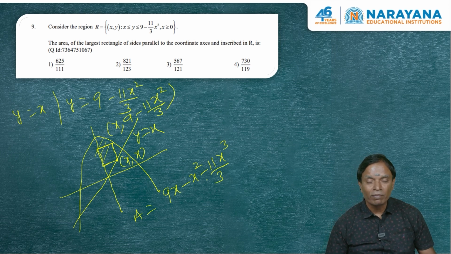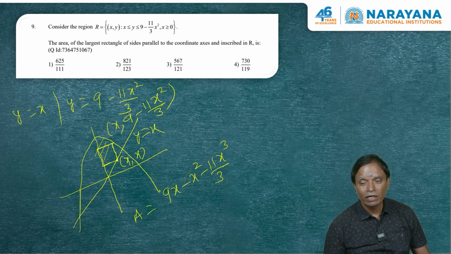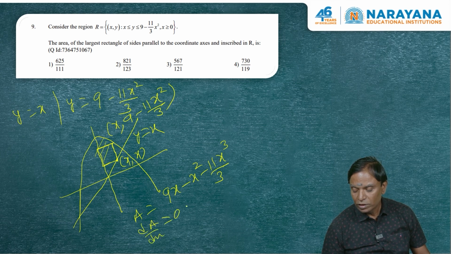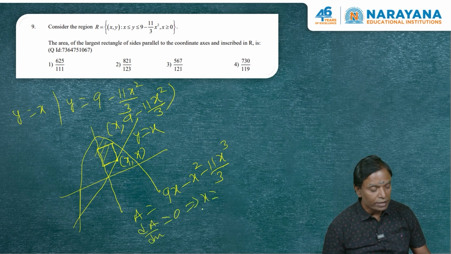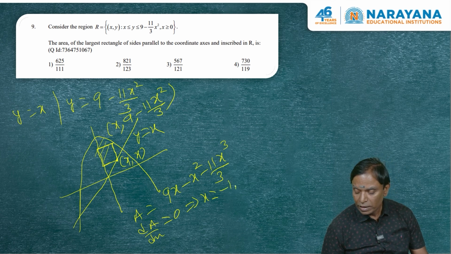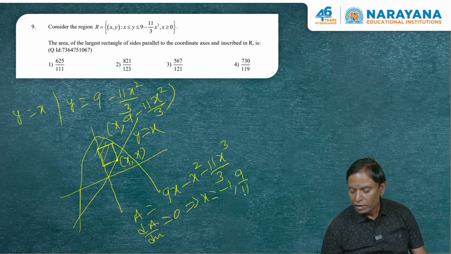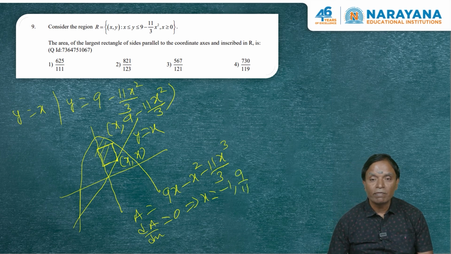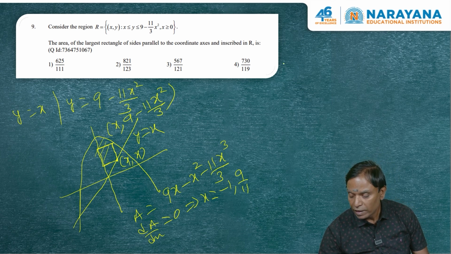This is a cubic polynomial equation. You can check the point of extrema. You can find dA by dx is equal to 0, which gives you x is equal to minus 1 and 9 by 11. To check at which point it is having maxima or minima, calculate d square A by dx square.